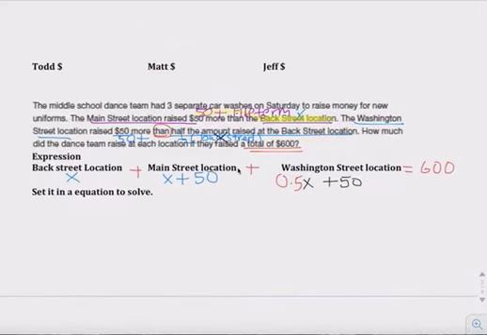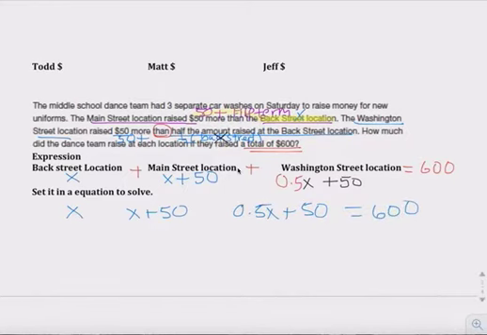So that's how I got that. This way we don't have to change the fractions and stuff. Set up the equation. We got X, the blue X, plus the X plus 50, plus the 0.5X plus 50, and that total equals 600.